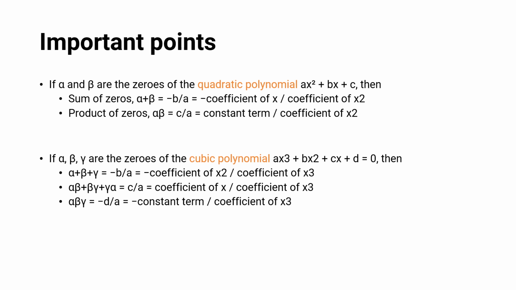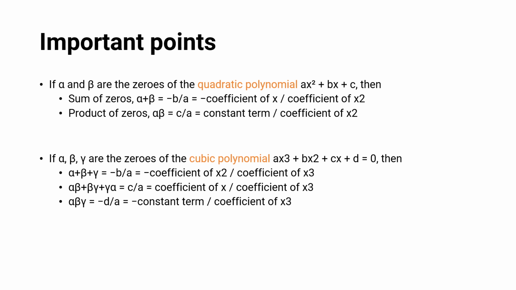If alpha and beta are the zeros of the quadratic polynomial ax square plus bx plus c, then the sum of zeros, alpha plus beta, is equal to minus b divided by a, which is equal to minus coefficient of x divided by coefficient of x square. Product of zeros, alpha beta, is equal to c divided by a, which is equal to constant term divided by coefficient of x square.